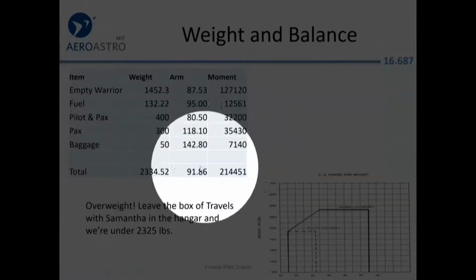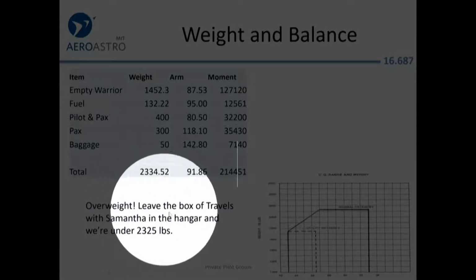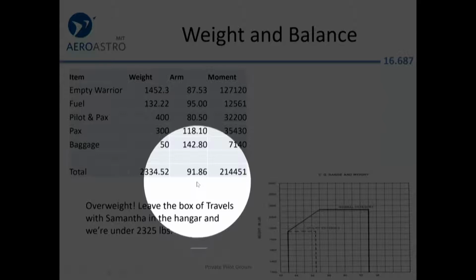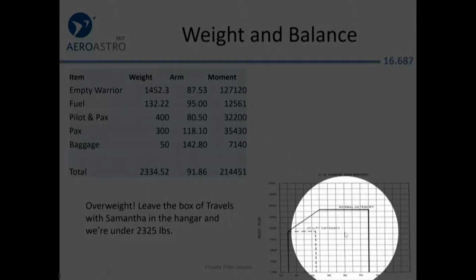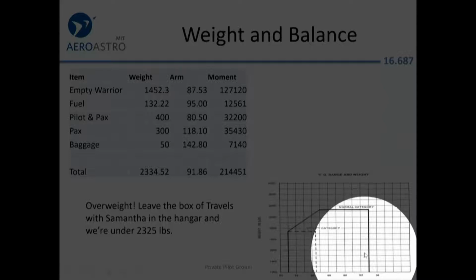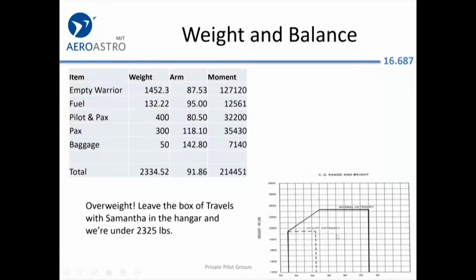See that? 2334, and 2325 is the maximum, so we're about 10 pounds overweight. How about, are we out of CG? We're at about 92 inches, and you can see here that the CG envelope goes to about 93. I guess it goes exactly to 93. So the CG is fine, but the weight is too high.